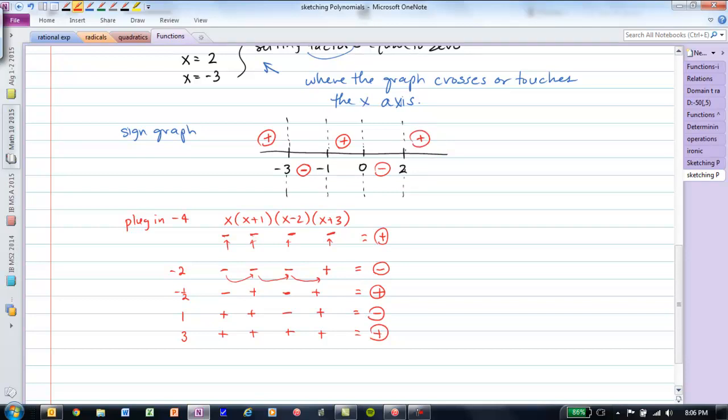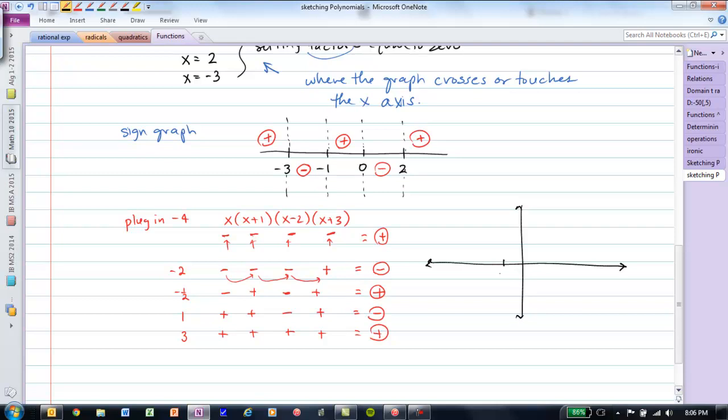So you have to do that in order to figure out what your graph looks like. Now, if you've done your sign graph correctly, you should be getting an idea of what this curve is going to look like. Okay? And now we can actually just sketch it. So we'll draw our set of axes. Now we do want to put our numbers on in a scale.